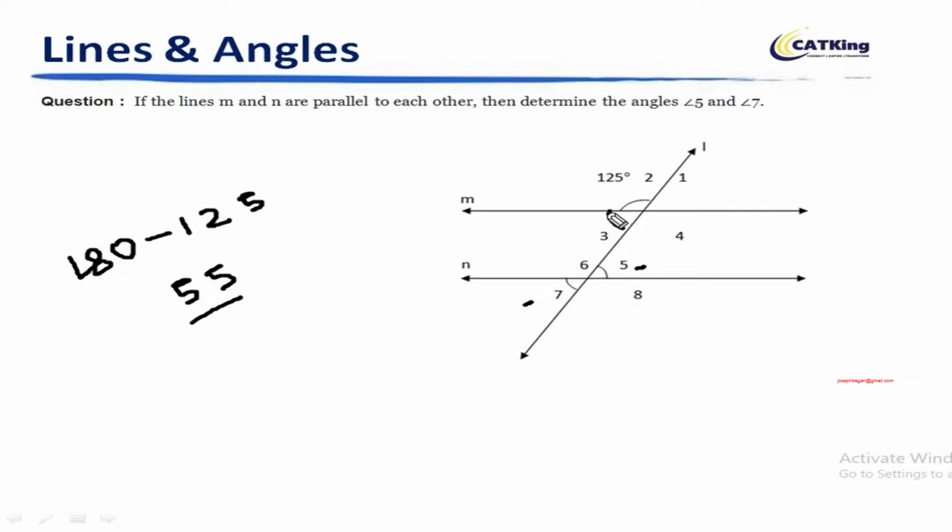So if this angle is 55, this angle will also be 55 degrees. Why? Because it is a corresponding angle, and we know that corresponding angles are equal. So the value of angle 7 is 55 degrees.